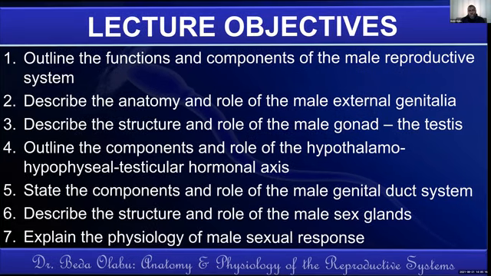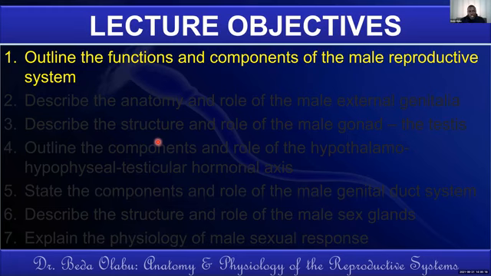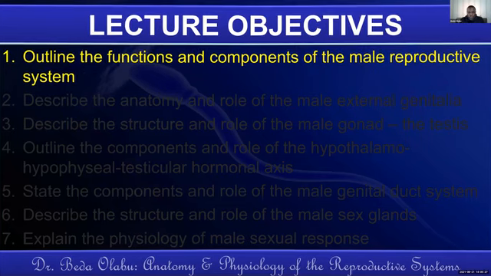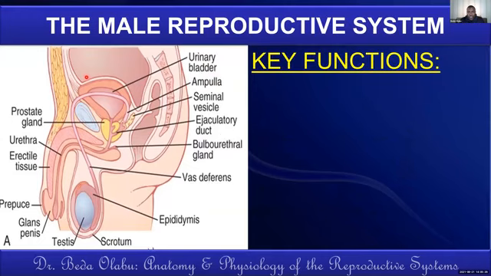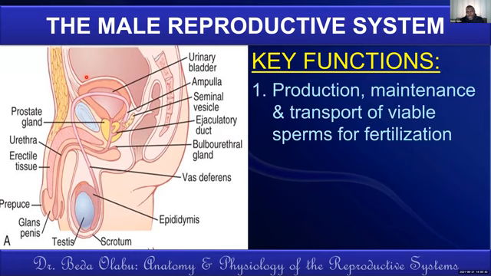So straight away, we can start with the first objective, where we want to know the functions and components of the male reproductive system, at least in overview. Starting with the functions, if someone asks you to state the key functions of the male reproductive system, you don't start with saying sex. We talk of the production, maintenance, and transport of viable sperms for fertilization.